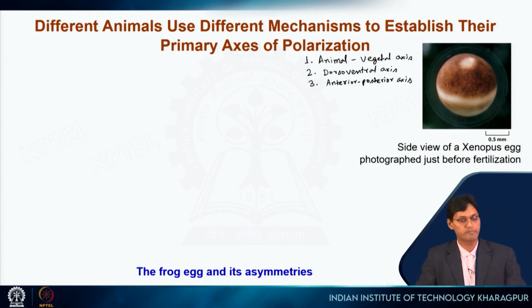Now, this is the side view of a Xenopus egg. Frog is an example of an amphibian.